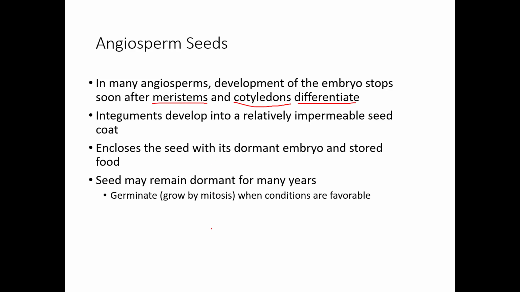So in an embryo, you have the part that is going to grow upwards. The cotyledons are the first leaves, and then you have the part that's going to go down. So this part is going to eventually continue to grow into the stem, into the shoot. And this part going down eventually is going to be the root. So those two regions are called the meristems.